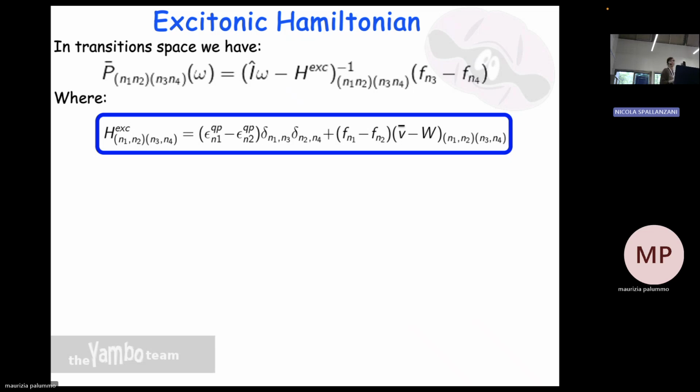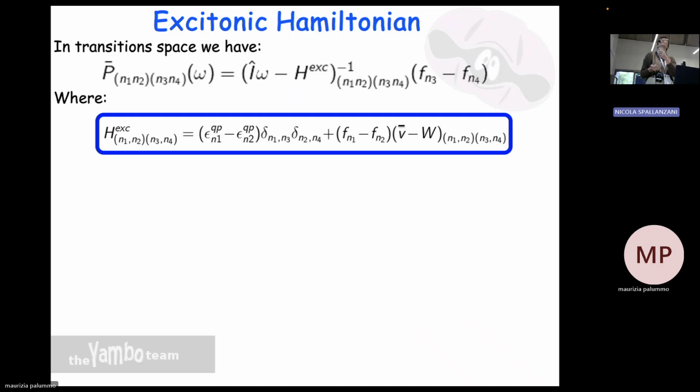If you do all the mathematics, you see that you can rewrite the equation for P bar in this transition space as an equation like this, where these are the Fermi occupations of the states N3 and N4. And here in the denominator, you have what is a resolvent. This is an excitonic Hamiltonian, on which I will comment now. In any case, this is the inverse that depends on omega only externally.